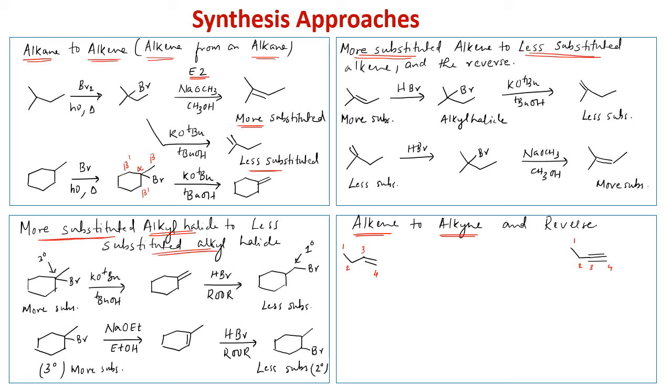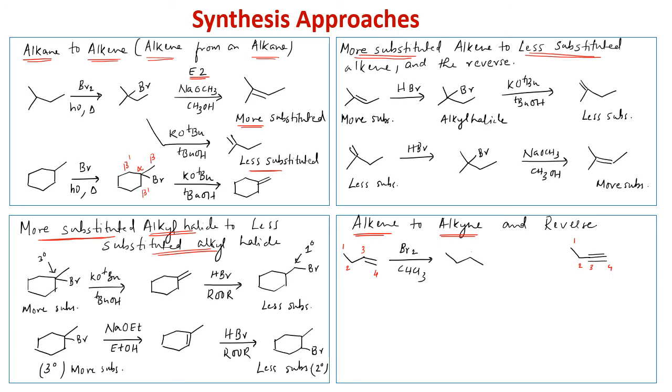Now, whenever you have to do this, the first step in converting an alkene to an alkyne, if you recollect, the bridge or connecting point between alkenes and alkynes is the halogenation of alkenes. So what we're going to do is first do a halogenation on this alkene.